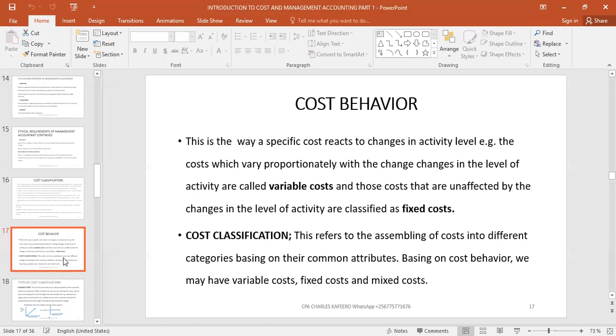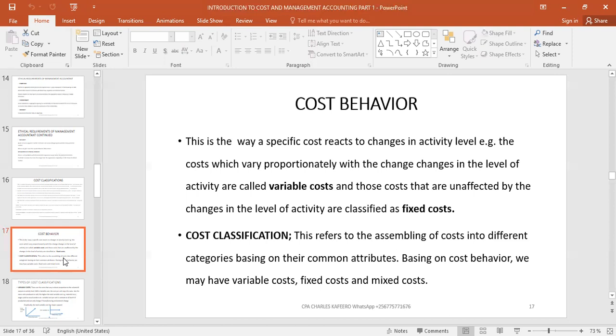And I can give you an example. One of the good examples of fixed costs is rent. If the company is renting a certain building, you will find that even if the company is not producing, we are incurring that cost. That's why we are saying it is the cost which doesn't change with the level of output.